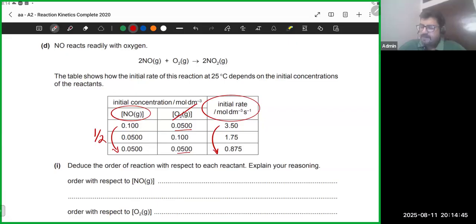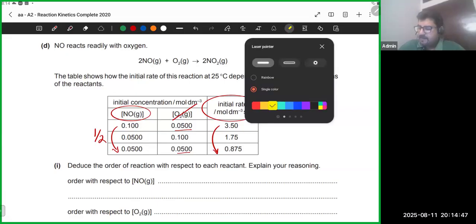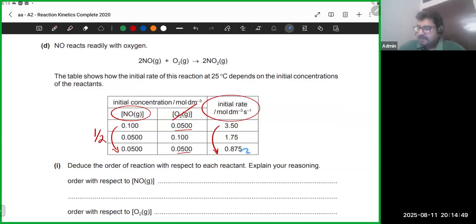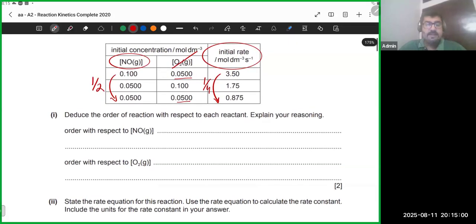To find the factor, take this number and divide it by this number. On your calculator, this comes out to be 1 by 4. So that is order 2, a squared relationship.